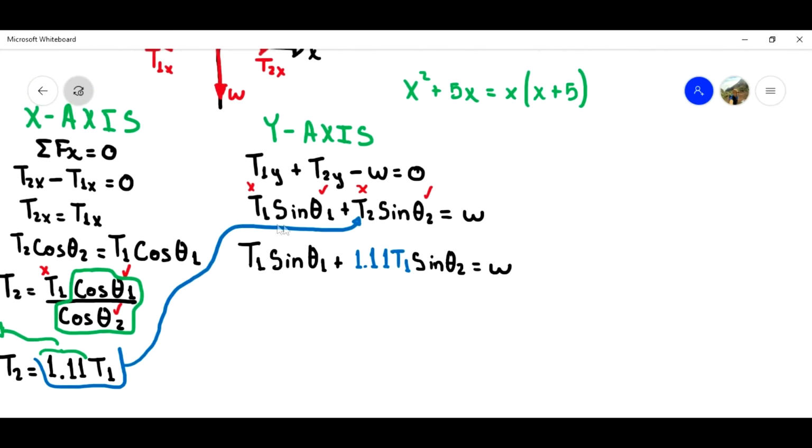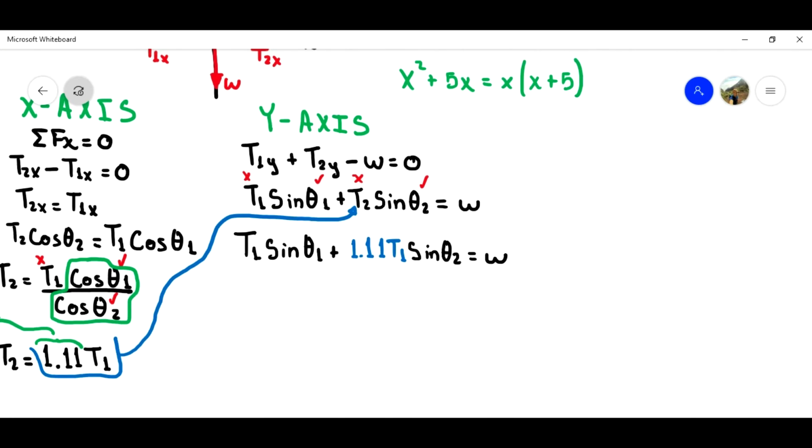So that is what I'm going to do in this problem. If you see, this term over here has tension 1 and this one over here has tension 1 too. So I'm going to get the common factor, and it's going to be tension 1. Tension 1 parentheses, and I'm going to begin with the multiplication.